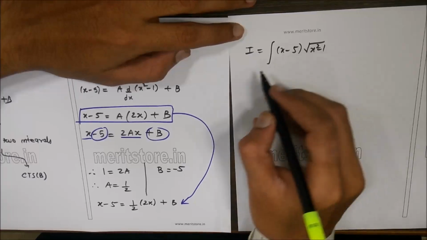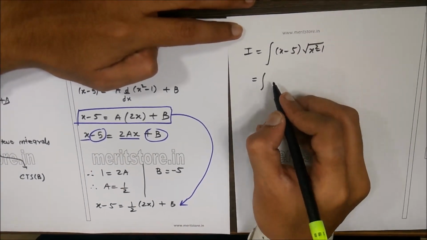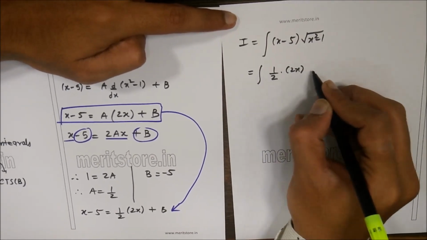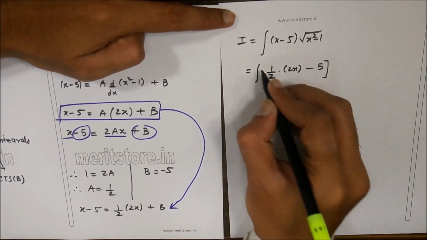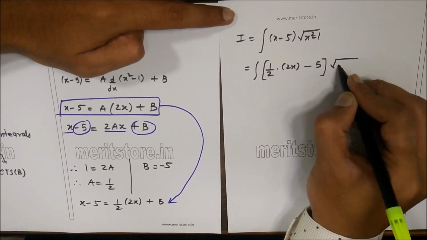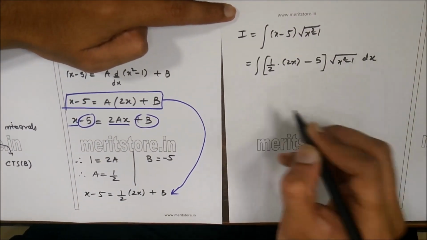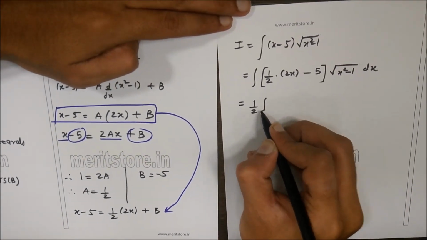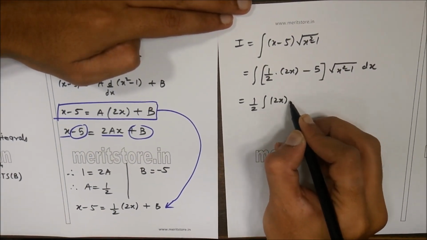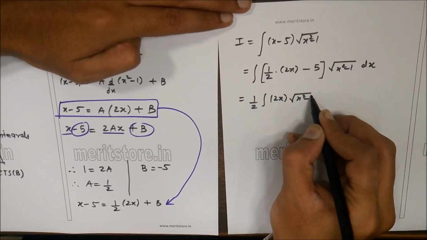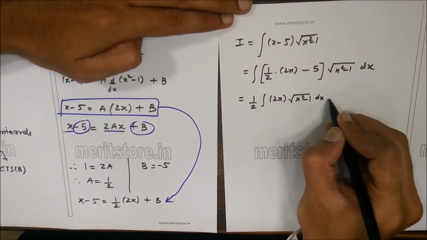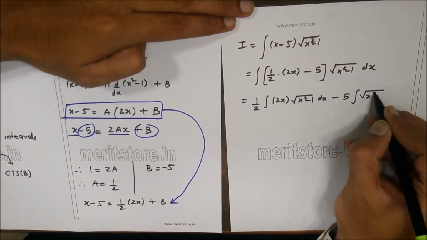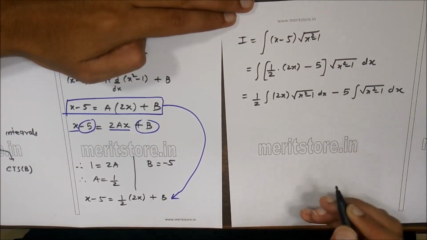Now instead of x minus 5, we will write this as half into 2x minus 5, root of x square minus 1 dx. I'll split the integrals as half integral of 2x root of x square minus 1 dx minus 5 integral of root of x square minus 1 dx.